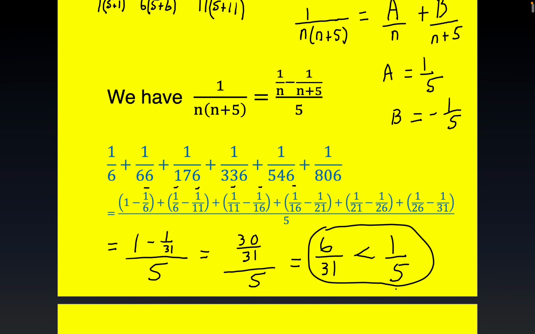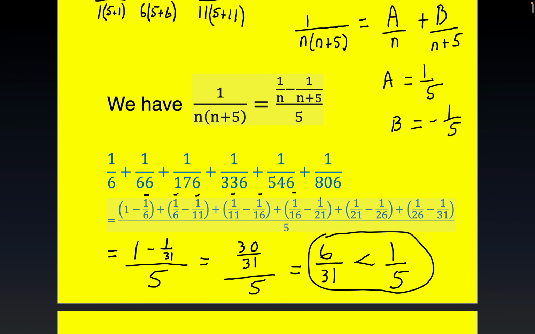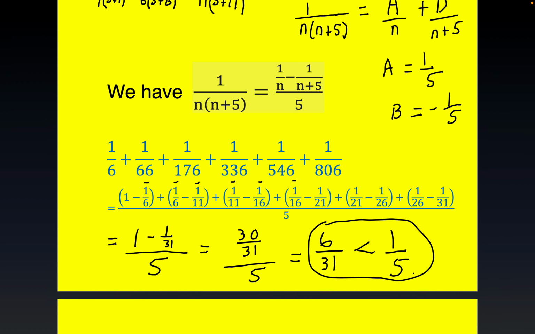QED time, right? We're done. This is the original one. We used this telescoping situation right here. We got all the cancellation, and we ended up with 6 over 31 is less than 1/5. And let me just write it out here, 6 over 30, remember, is equal to 1/5. Okay, so QED.